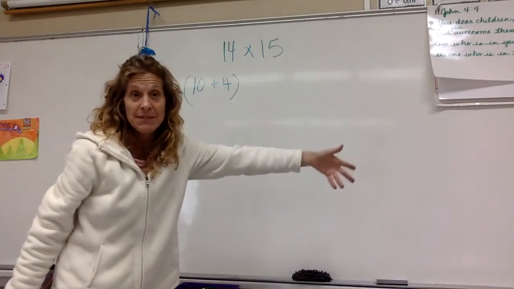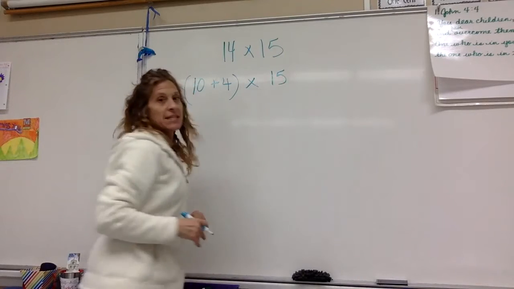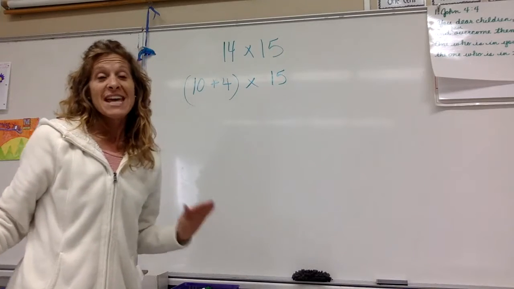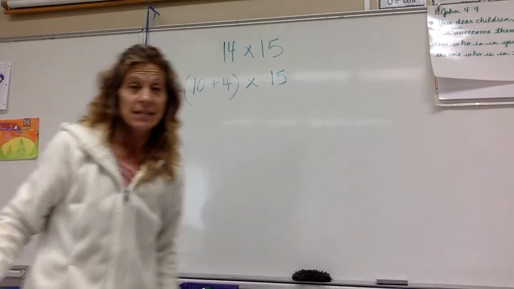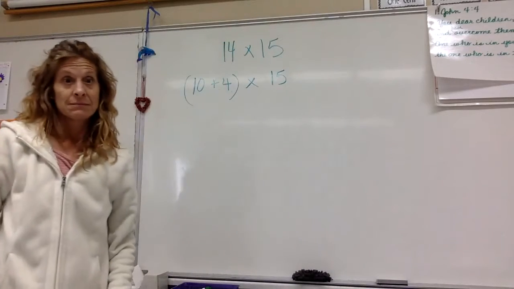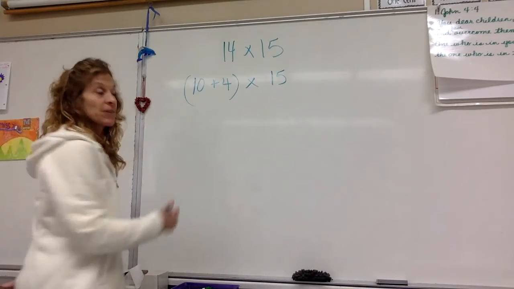But we're still going to keep the same problem. Times 15. Now what do we do? Well, the 10 has to be multiplied by the 15, and the 4 has to be multiplied by the 15. Okay? So we're just going to write that down now.